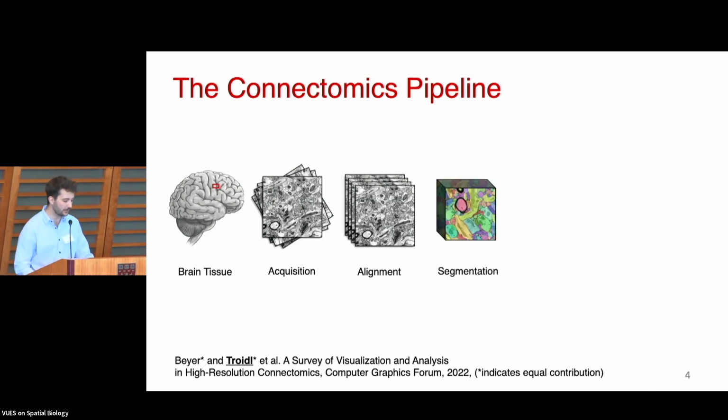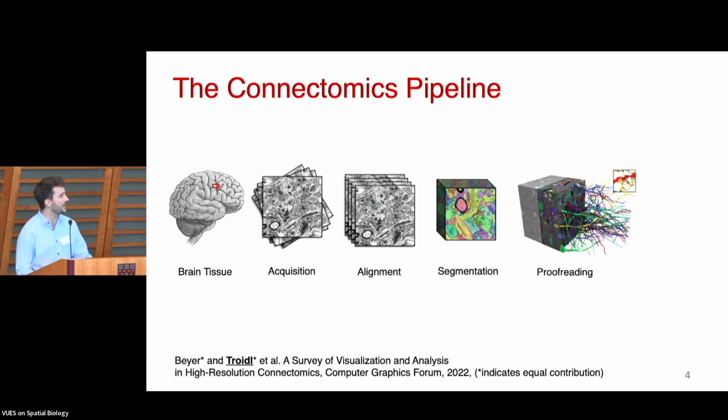Once that's done, we use 3D convolutional neural networks to segment the data, so attach labels to each voxel in the volumetric representation of the tissue. And after segmentation is done, we use a step called proofreading, which essentially is required to correct and identify reconstruction errors that are happening in the previous segmentation step.